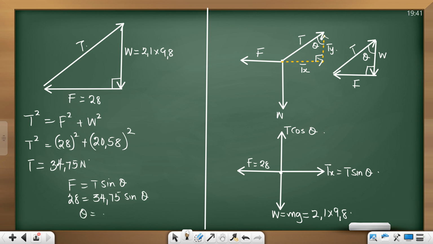Now work out the value of theta, and we are done with this question. All right, I hope that makes sense. Quickly, work out the value of theta for me.